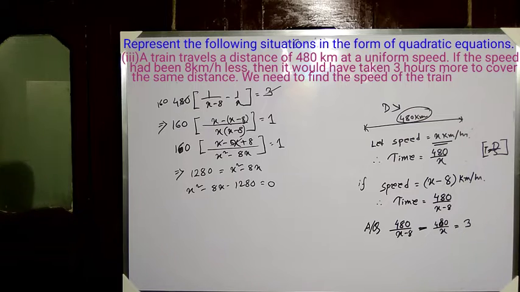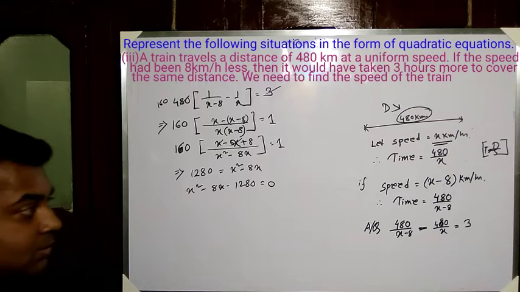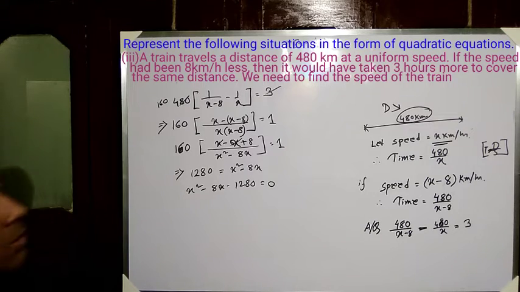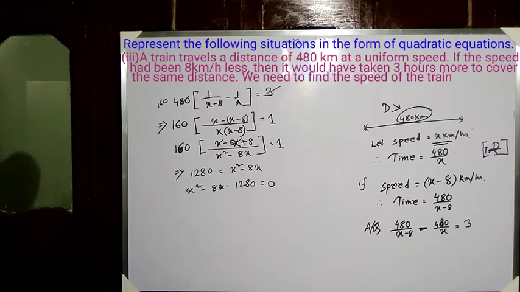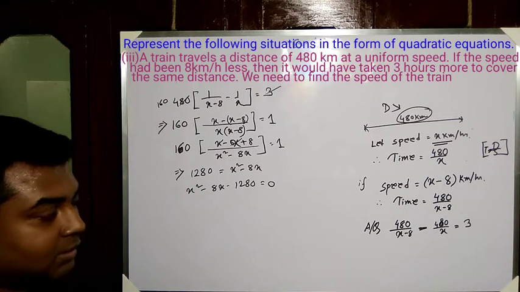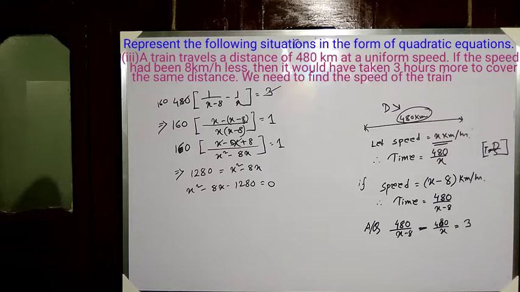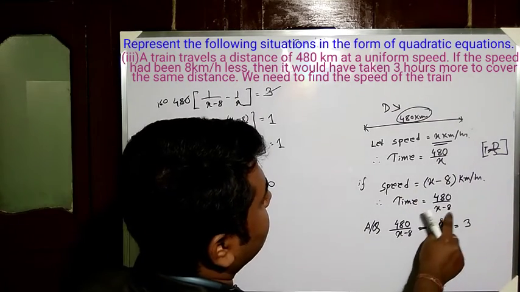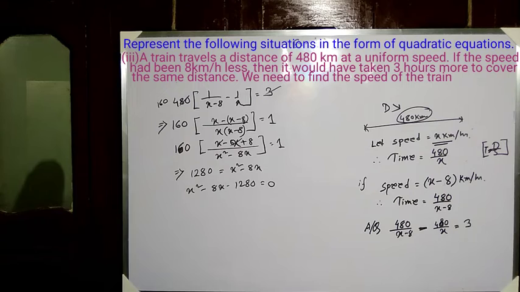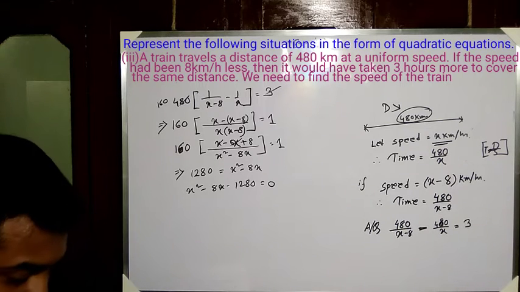Okay. Now read the second line. If the speed had been 8 km per hour less, so your speed is x minus 8 km per hour. When the speed is less, then definitely time will be more. So time is 480 by x minus 8. Right.